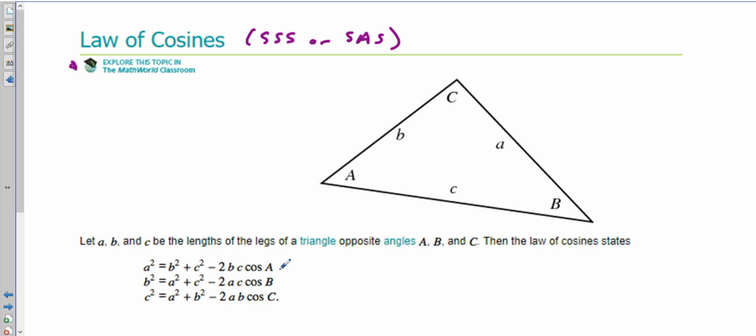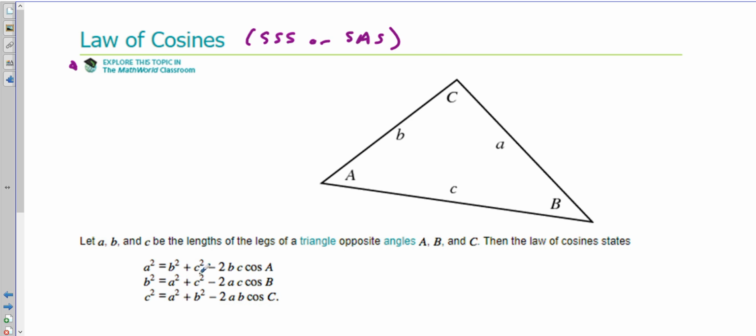There are different proofs on how to do this, but for right now, I'm just going to stick with how to use these various formulas. Notice that in the formulas for the law of cosines, you are given either all three sides and need to find an angle, or two sides and an angle.